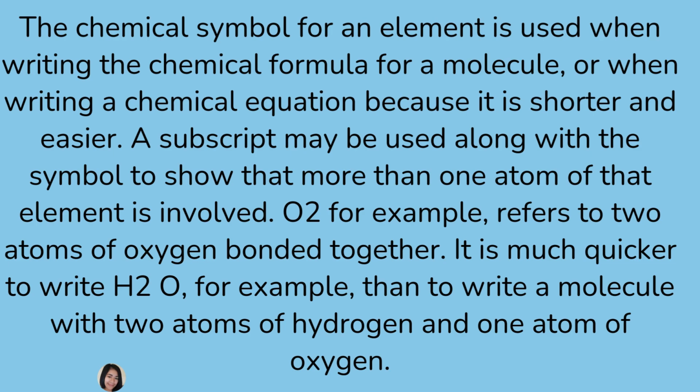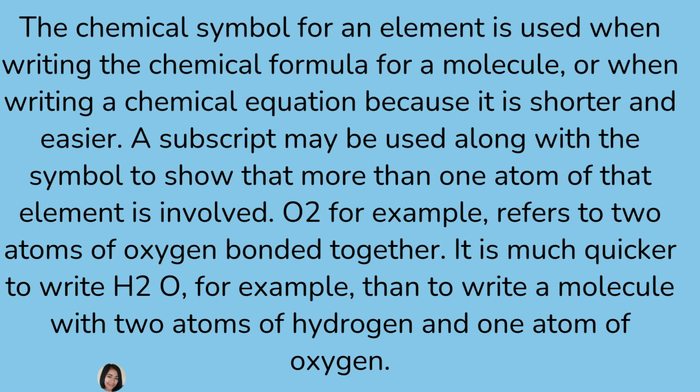The chemical symbol for an element is used when writing a chemical formula for a molecule or when writing a chemical equation because it is shorter and easier. A subscript may be used along with the symbol to show that more than one atom of that element is involved. So, minsan, meron kayong nakikita, like for example, H2O or O2. So, yung 2, ito yung tinatawag natin na subscript.